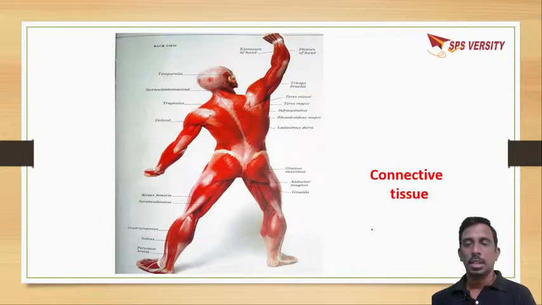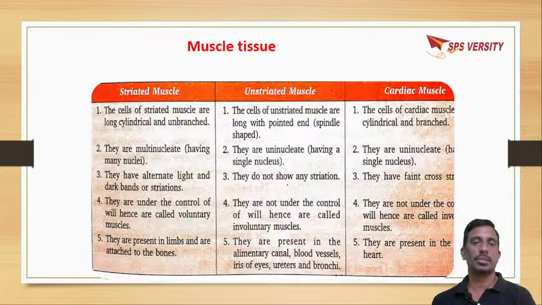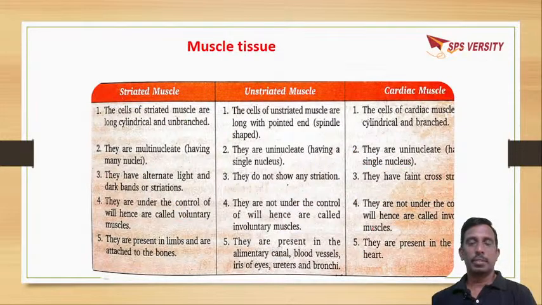Generally, the muscle associated with our bones is called striated muscle or skeletal muscle. The muscle associated with internal organs is smooth muscle or unstriated muscle. And cardiac muscle is associated with our heart.